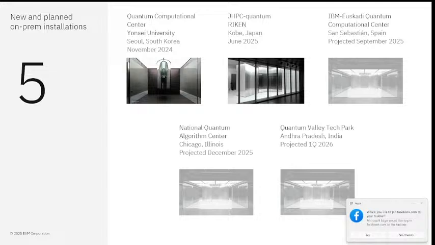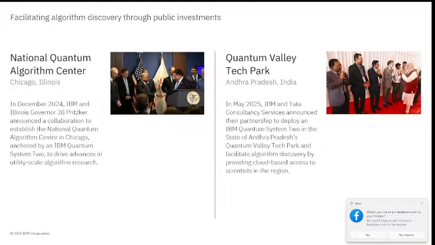Have you heard about the Quantum Valley? Yes. The Chief Minister of Andhra Pradesh, Sri Chandrababu Naidu, has announced that he is setting up a quantum valley in Andhra Pradesh, in Amravati. And there are only 2 places where there are these national quantum algorithm centers. One is in Chicago, Illinois, and the other one is going to come up in Amravati.